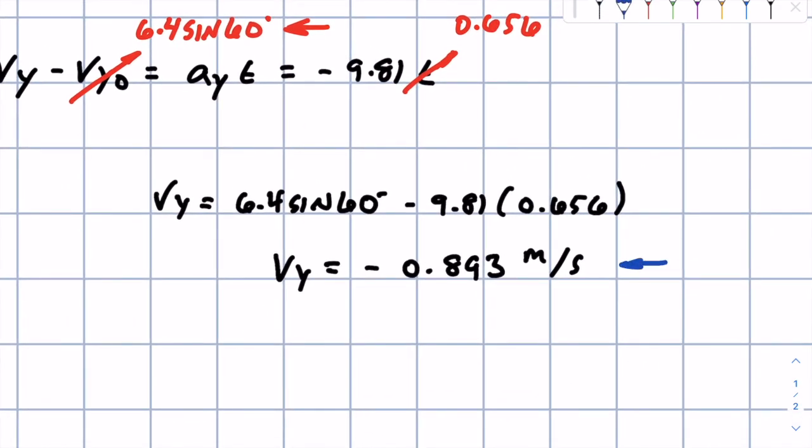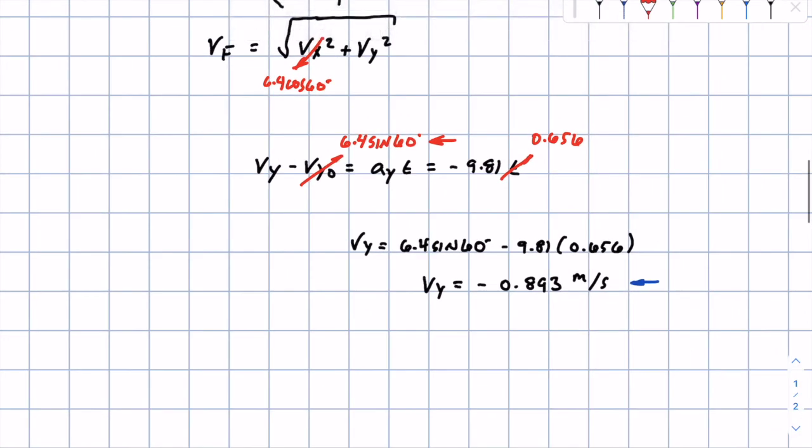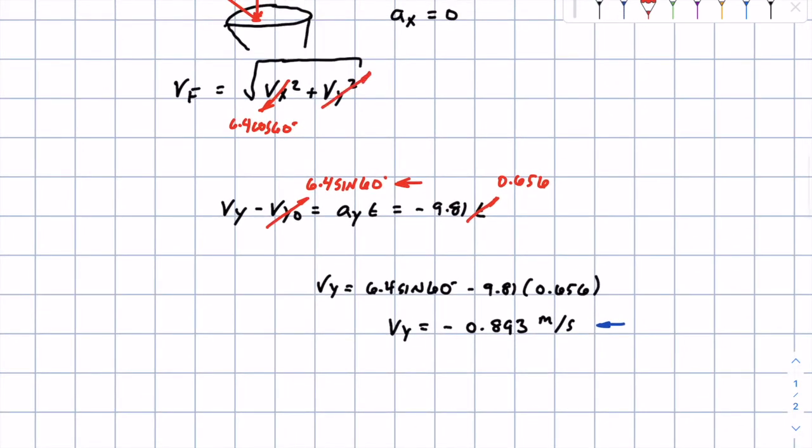And now let's plug that in to this. We're going to plug in negative 0.893, and don't forget to square the terms. Plugging that in, we're going to get an impact velocity with a magnitude of 3.20 meters per second.